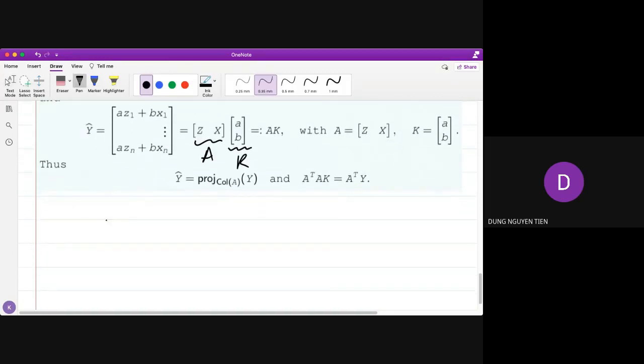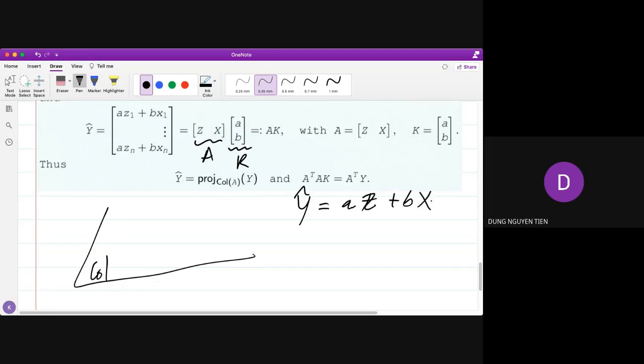Why is that? Because y hat belongs to the column space of A, right? Y hat is the linear combination. It is A times Z plus B times X. So it is a linear combination of the two columns Z and X of the matrix A. So y hat is in the column space of A, right?